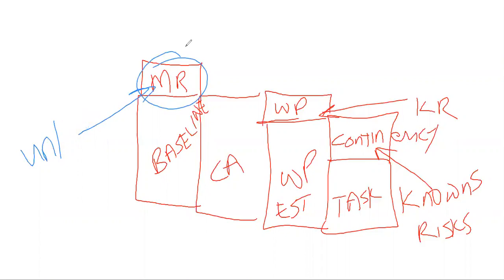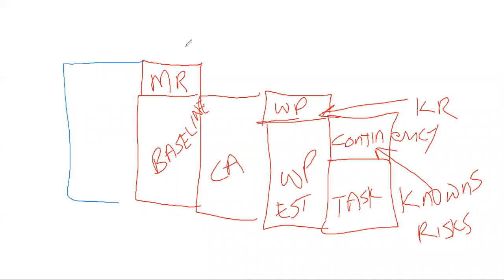So the summary of this is your budget is the combination of the management reserve plus the cost baseline. We call that the budget. So this is really your budget.